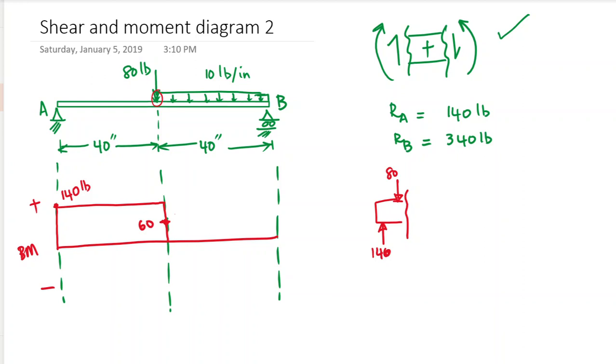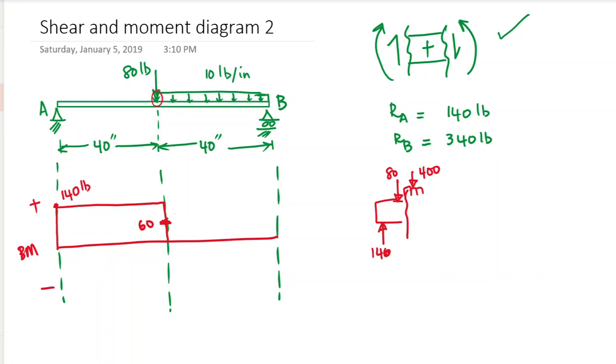Now, if you go just to the left of the right support, you will have the effect of the uniformly distributed load acting, so 10 times 40, that's 400 pounds, and then that is 480 minus 140.